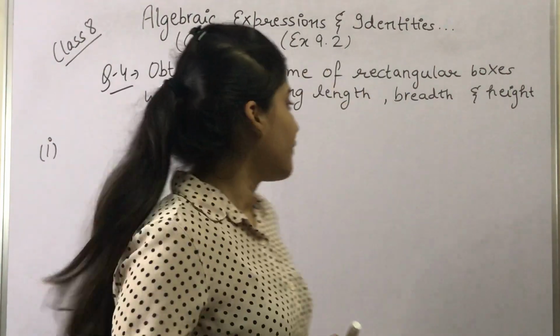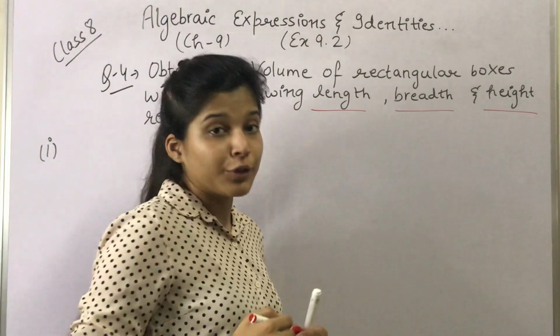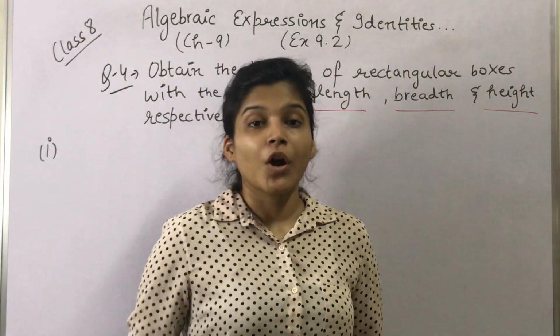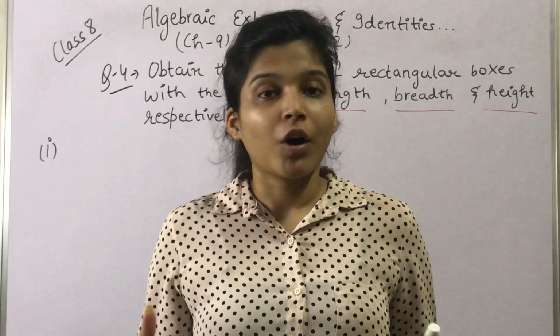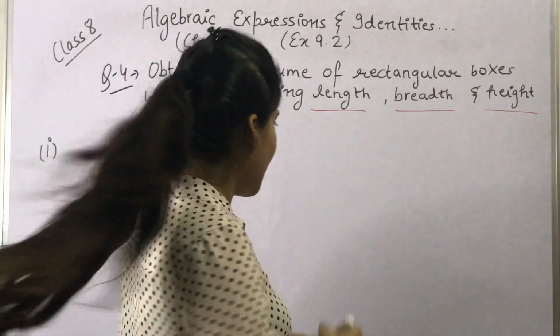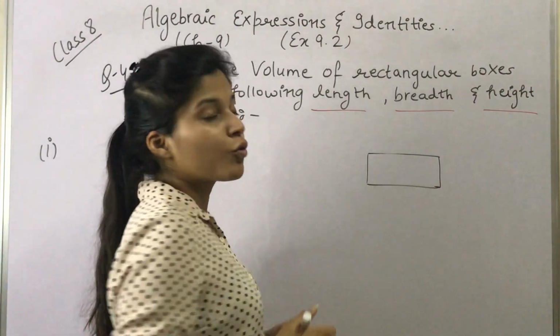So children, if I talk about the volume of a rectangular box, volume means what? Volume means जो उसके अंदर का जो space है, that is the volume. इससे हमें क्या पता चलता है that this is not a 2D figure. ये एक ऐसा rectangle तो बिल्कुल भी नहीं है, because इसके अंदर कुछ volume है.